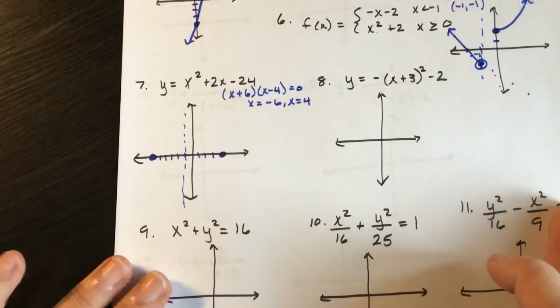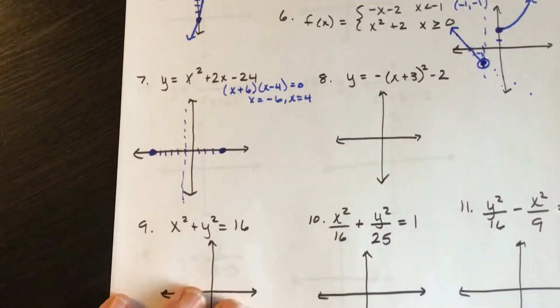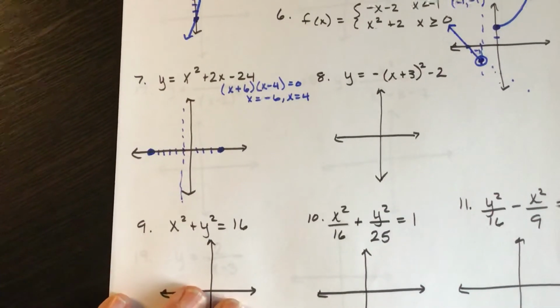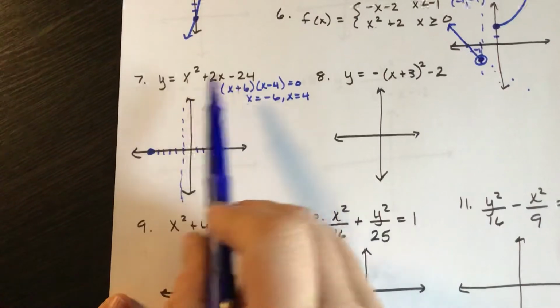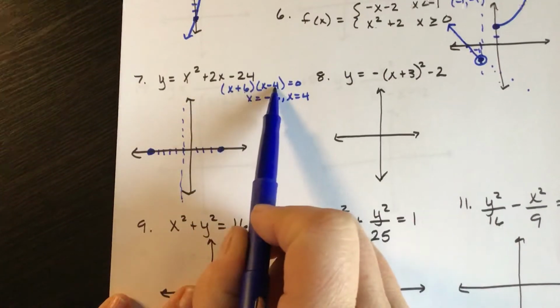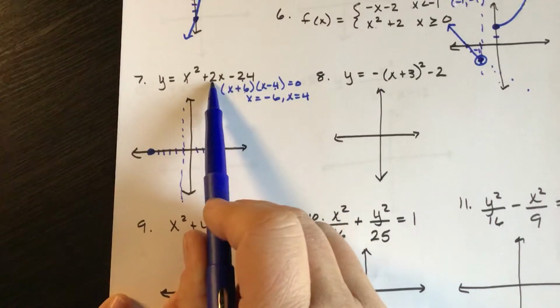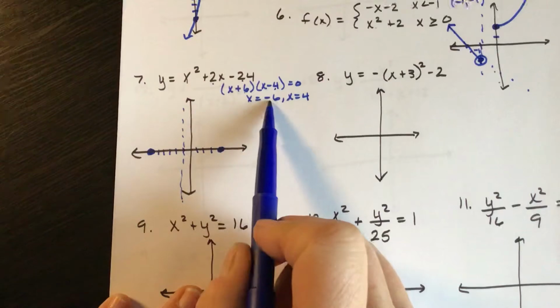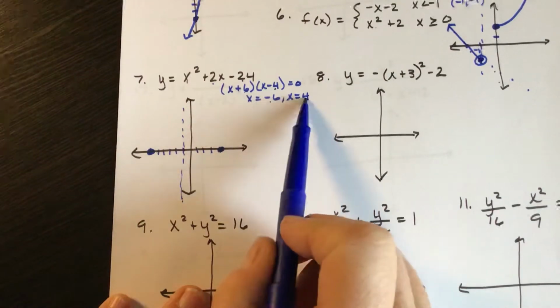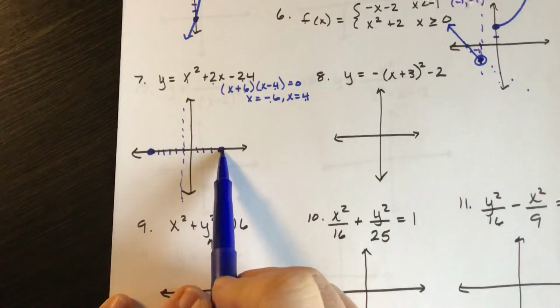All right, number 7. This is a quadratic function, and I'm going to choose to do this by graphing or by factoring, and I have a +6 and a -4 that multiply to be -24 and add to be +2. So my x-intercepts are -6 and 4, so I had graphed those already.